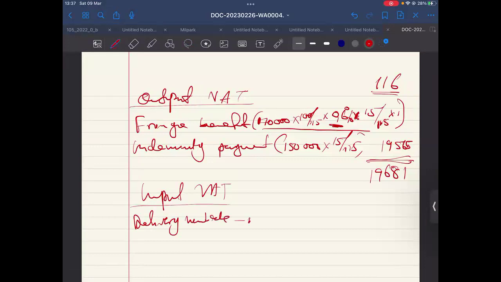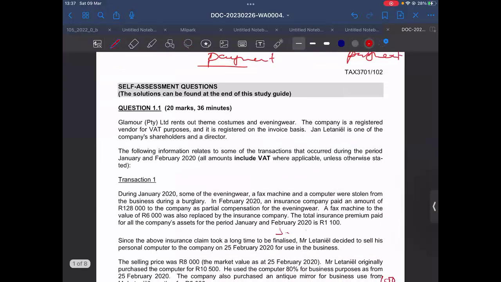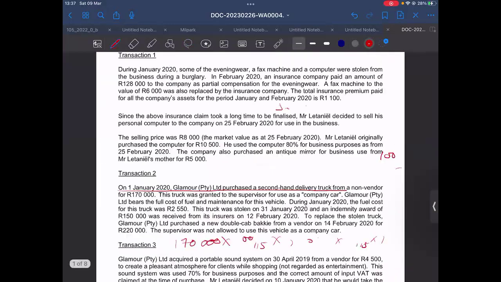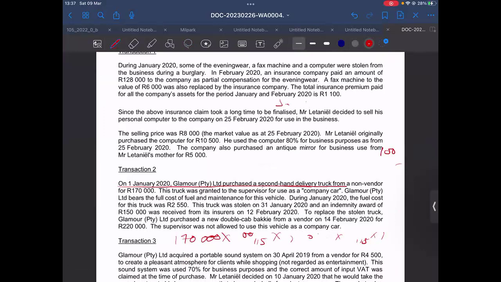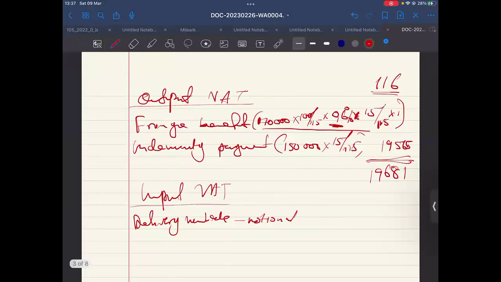Right, you are going to write notional input because it's a second-hand, né? Notional what? Wait a minute, did you buy it from a non-vendor? That's another thing which you need to check. Right, a second-hand delivery vehicle from a non-vendor. So it's a notional input, né? Yes. Notional input.